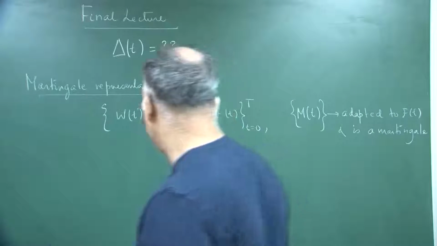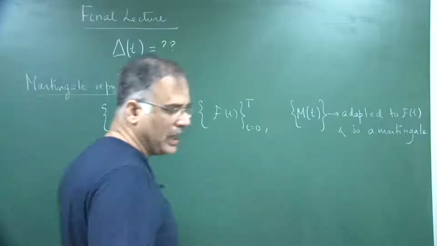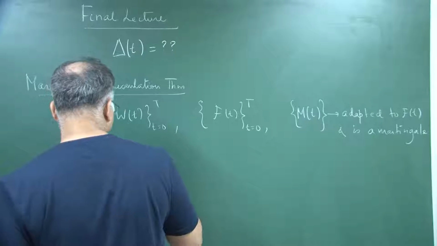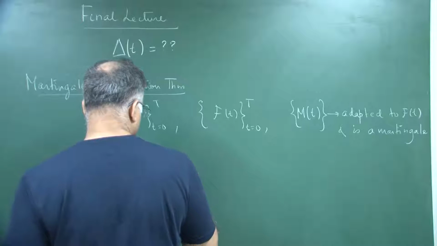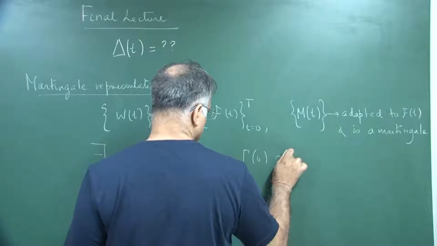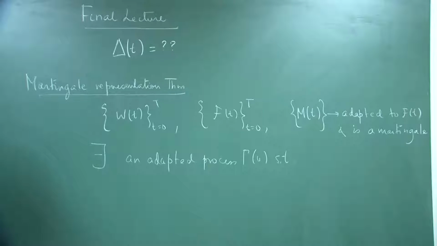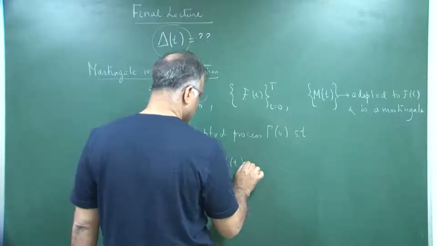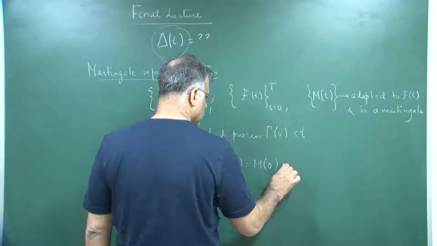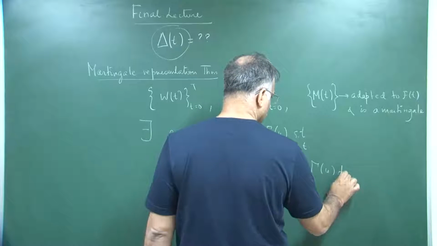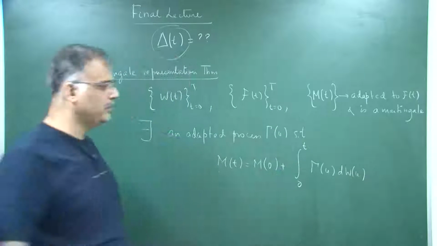It says that there exists an adapted process tau u, adapted to the filtration, such that, and this is the delta, this quantity is very important, M_T is equal to M_0 plus the integral from 0 to T of tau u dW_u. This is called the Martingale representation.